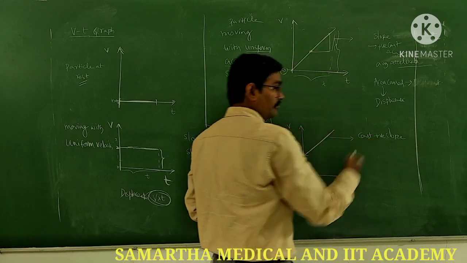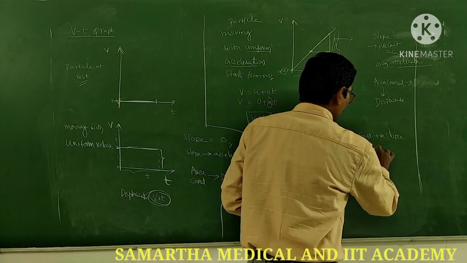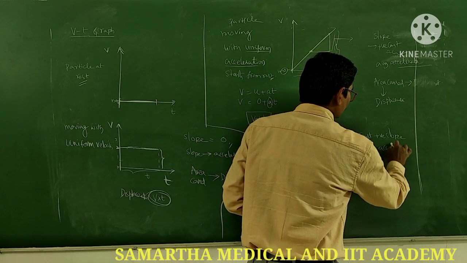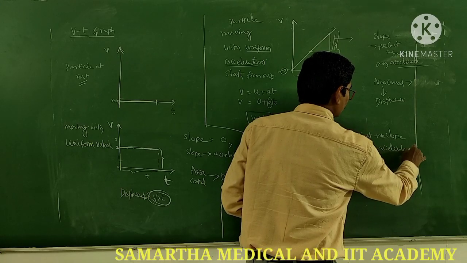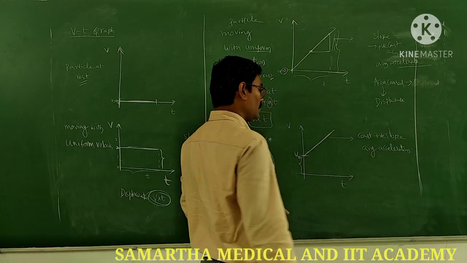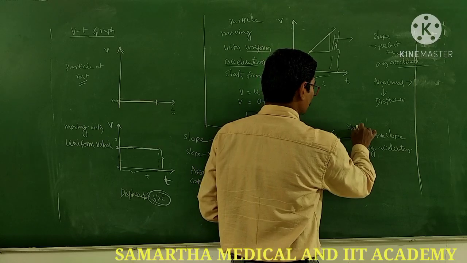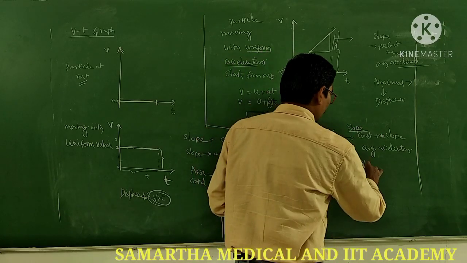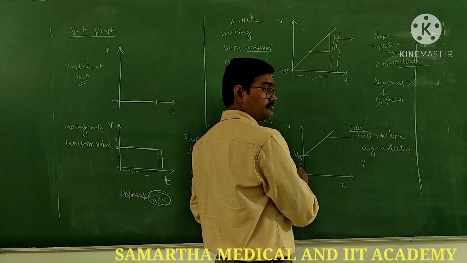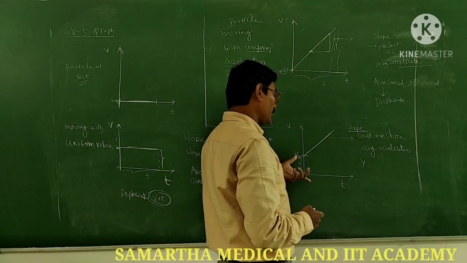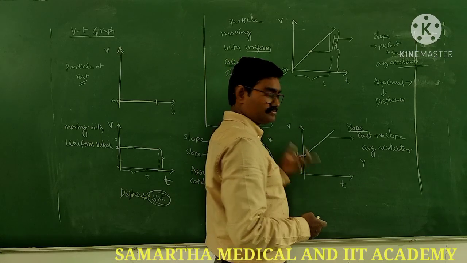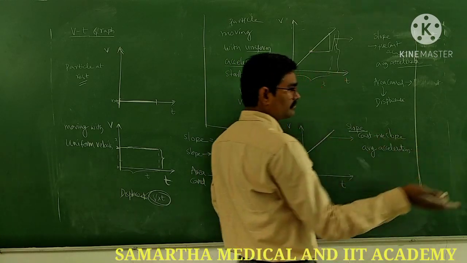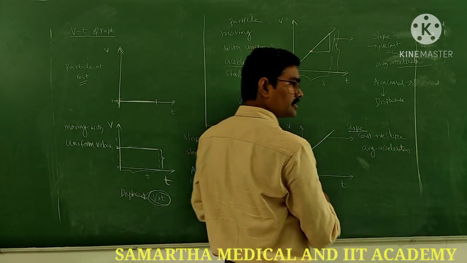Average acceleration, uniform acceleration. This is about slope. Next, the y-intercept is v naught. Since the particle did not start from rest, it is already moving with some initial velocity. So after that acceleration takes place.